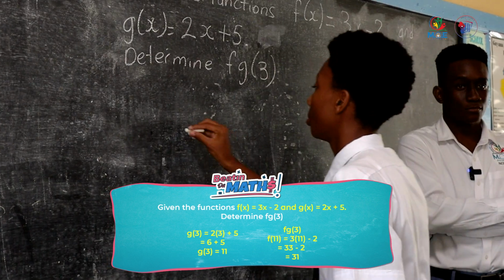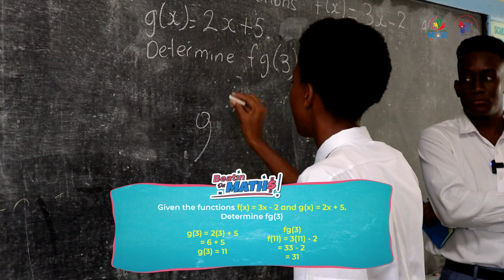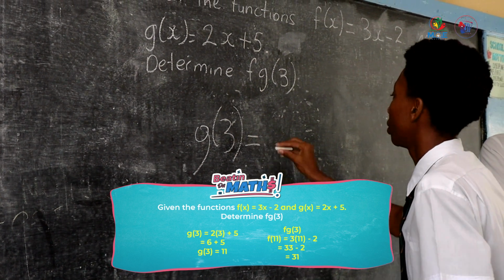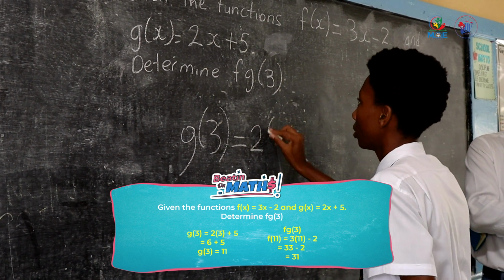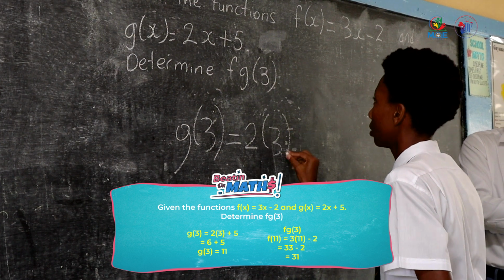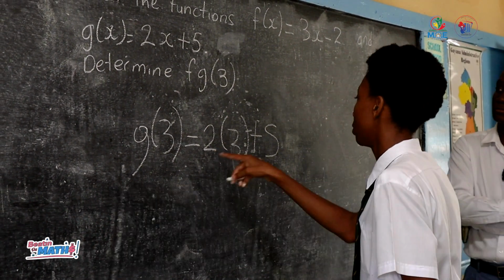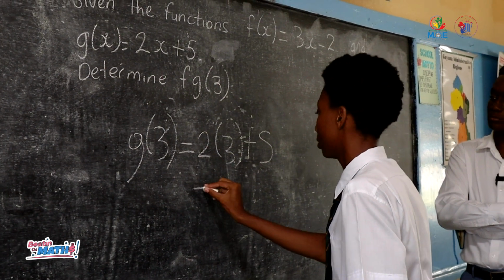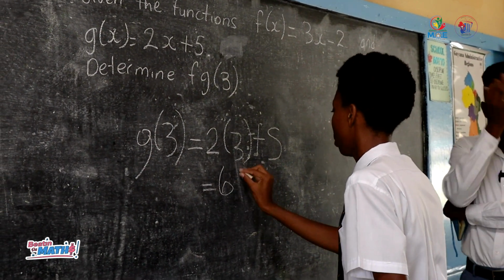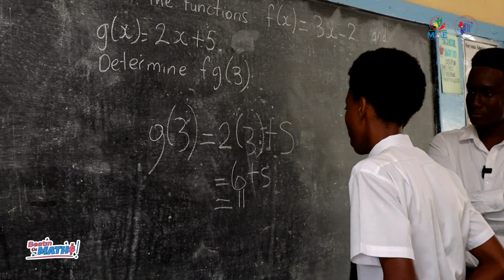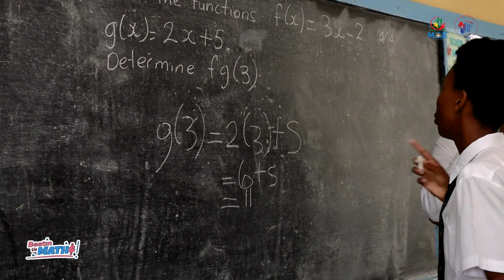Okay, so we can put g of 3 equals 2 times 3 plus 5. The answer is going to give you 6 plus 5 equals 11. And then now we're solving for fg.